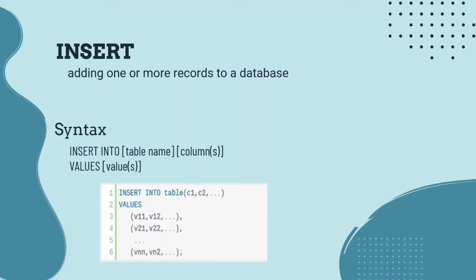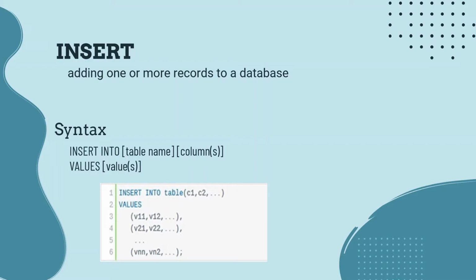First, we need to specify the table name and a list of comma-separated columns inside parentheses after the insert into clause. Then put a comma-separated list of values of the corresponding columns inside the parentheses following the values keyword. The number of columns and the number of values must be the same.